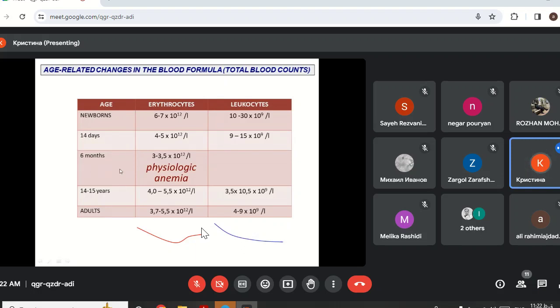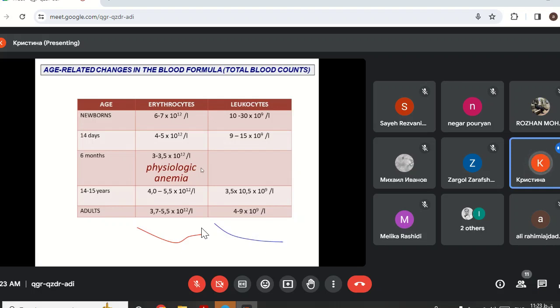Next, at 6 months of development, the baby will have a lower amount of erythrocytes, and it is called physiological anemia. Anemia means a lower than normal amount of erythrocytes or hemoglobin inside erythrocytes. Physiologic means that it is not some disease.